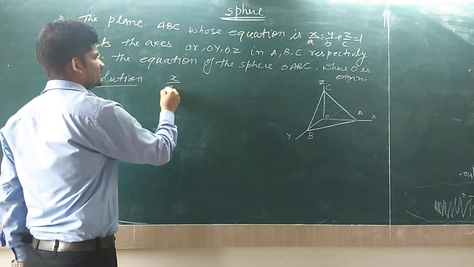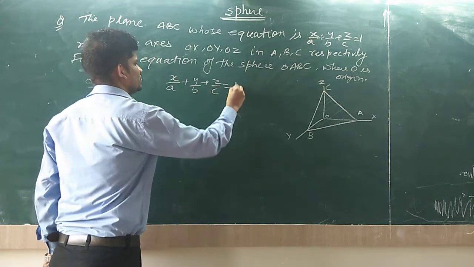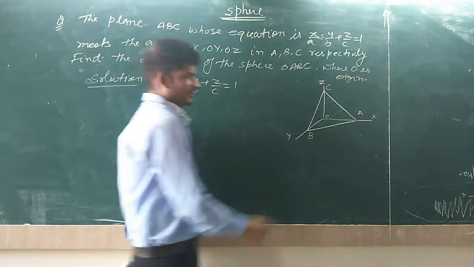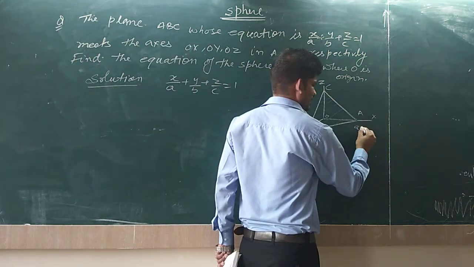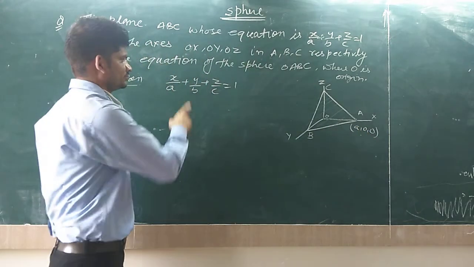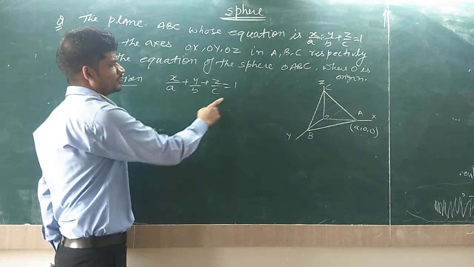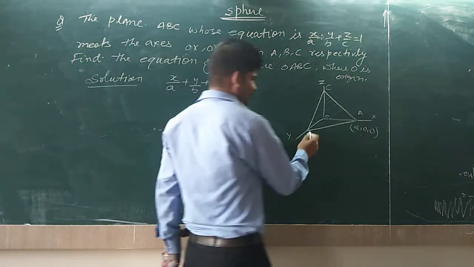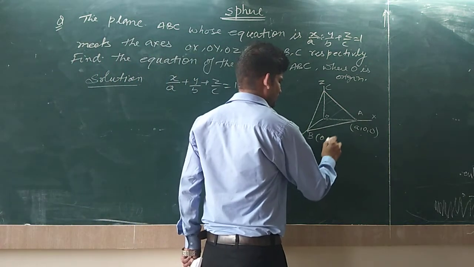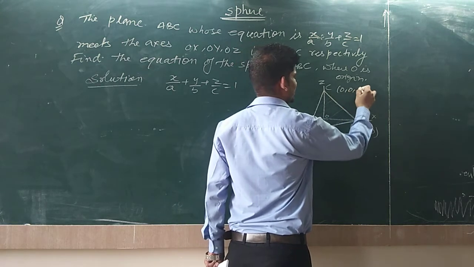The equation of the plane is x upon a plus y upon b plus z upon c equal to 1. The coordinate of point A is a, 0, 0. The intercept on the x axis is a, on the y axis is b, on the z axis is c. The point B is 0, b, 0, and the point C is 0, 0, c.